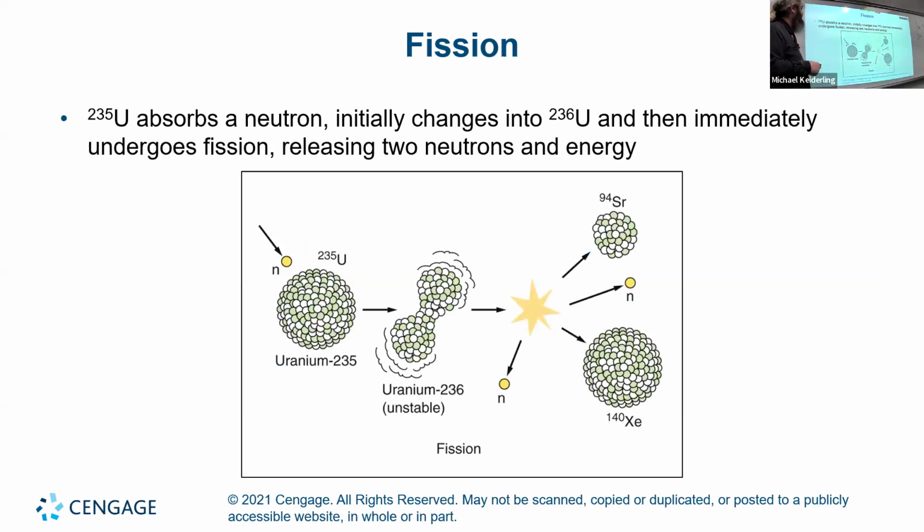So you have uranium-235, it's hit by a neutron. It forms an unstable uranium-236 which splits into strontium and xenon, which makes 2 neutrons, which can then hit more uranium-235s and so on. And we can control this process to generate electricity.